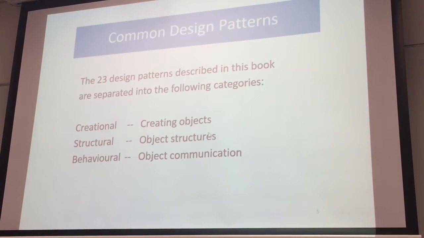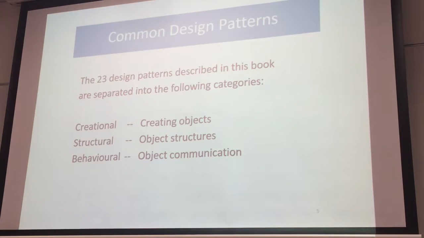Some groups refer to how to create objects from existing objects, builder, factory, they have fancy names. Structural, how to organize your objects in a class. It's not as simple as it looks. And behavior, how objects communicate to each other. Iterator, for example, is a behavior pattern.